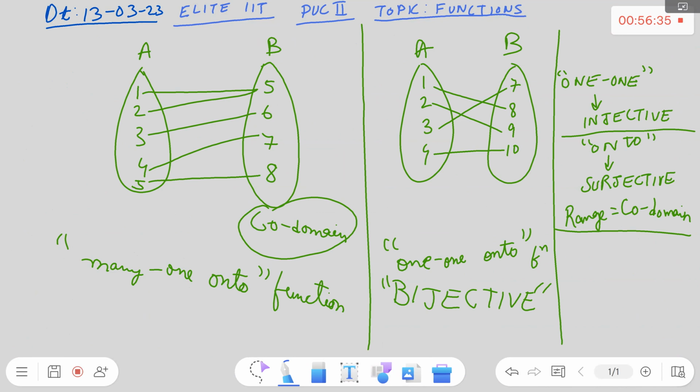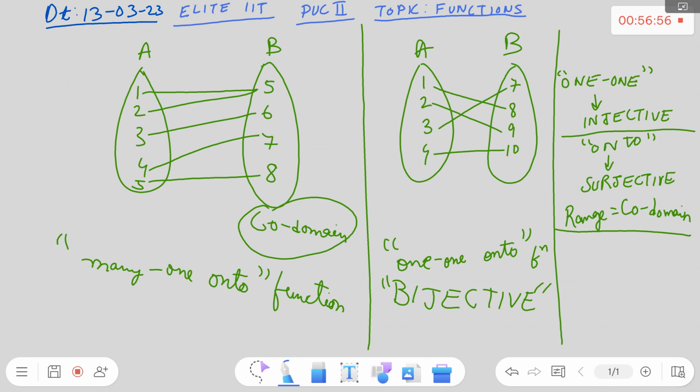But my question is that if your domain and codomain, the two sets I am taking, are finite sets. Because an infinite set, for example, the set of natural numbers is infinite, real numbers infinite, rational numbers infinite, integers infinite, prime numbers infinite, odd numbers, even numbers infinite.